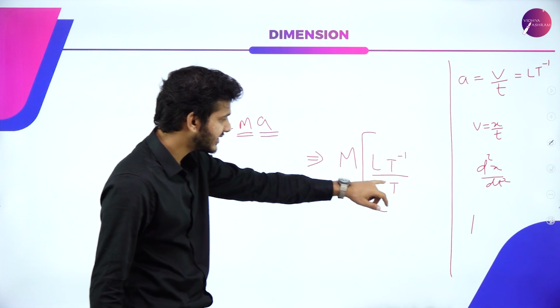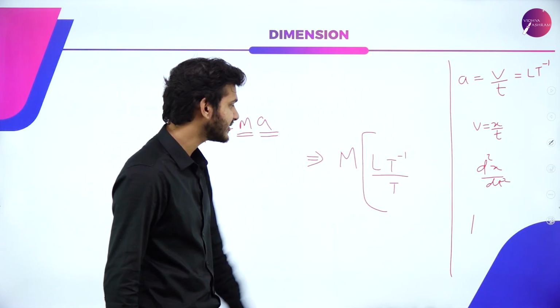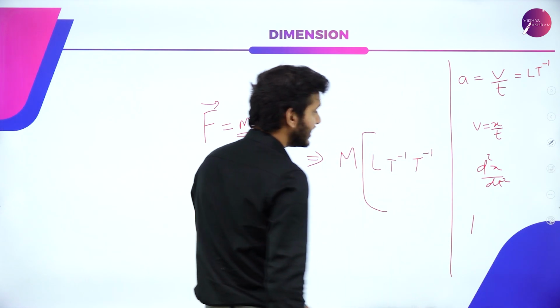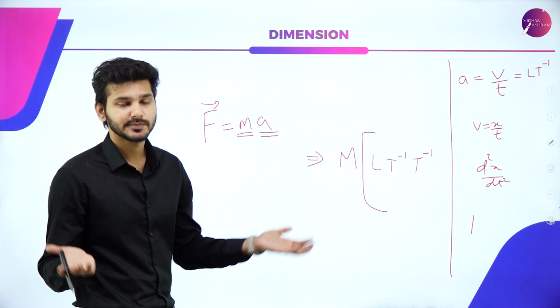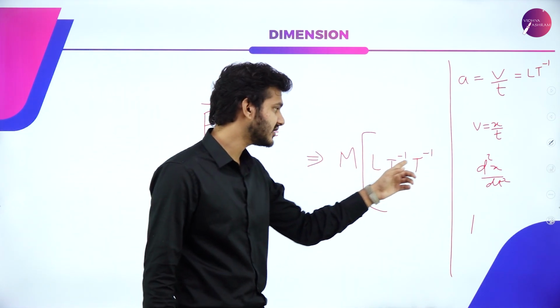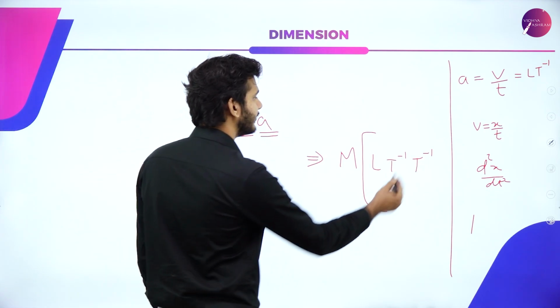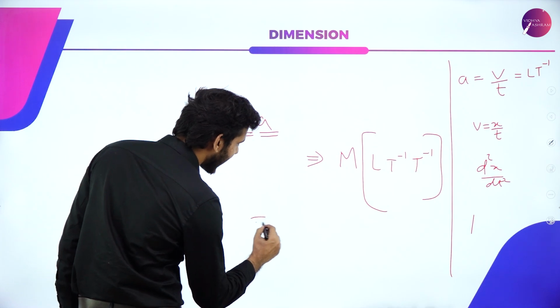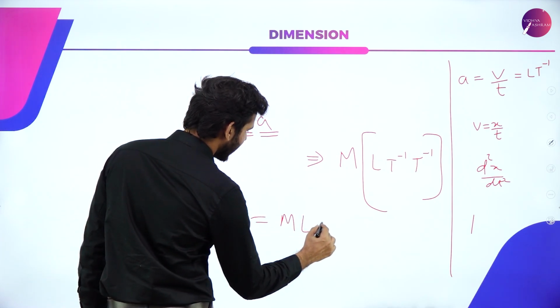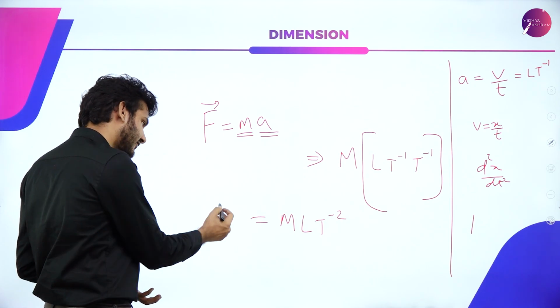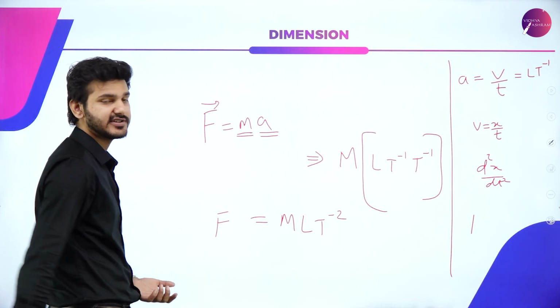So we take this t also to the upstairs and we can write it as t inverse into t inverse. Simple mathematical operation: if you have t inverse and t inverse, it will become t square inverse. So we can write it as M L t square inverse. So we have the dimensional formula for force.